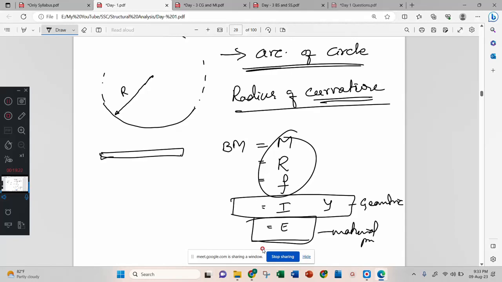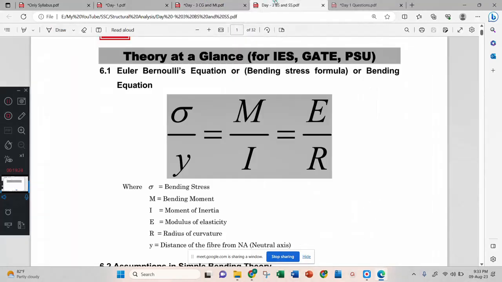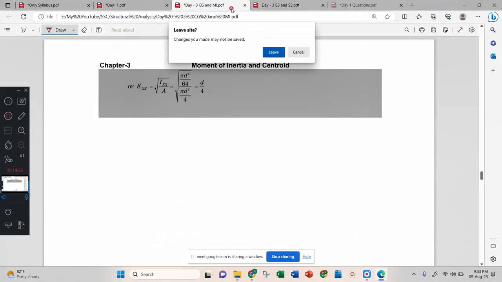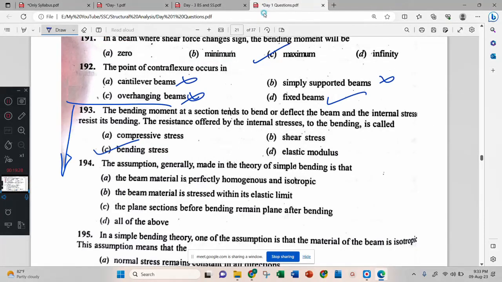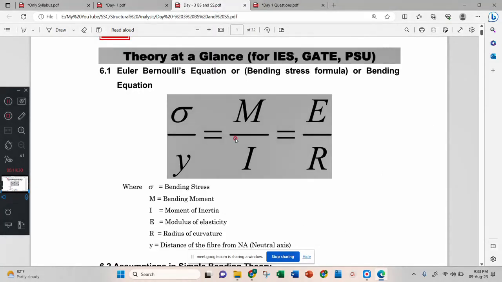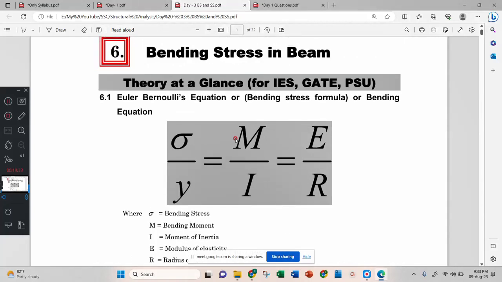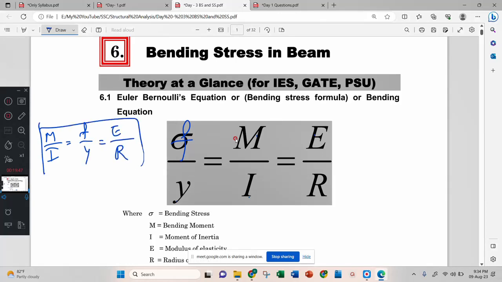Then combining all of them, we will have an equation, that is F by Y equal to M by I equal to E by R. We can remember it like that also: M by I equal to F by Y equal to E by R. All are there here.